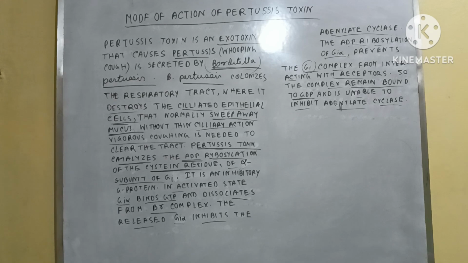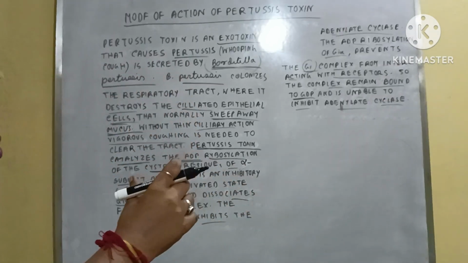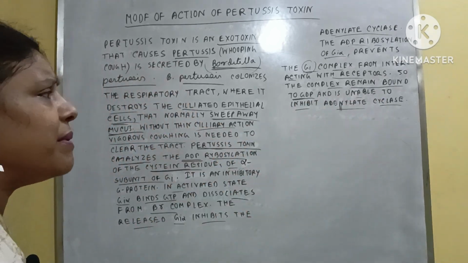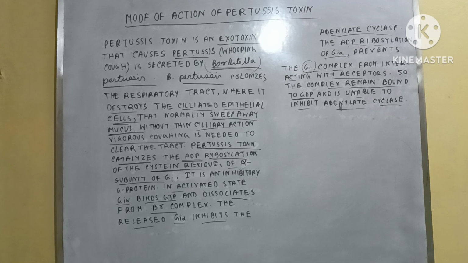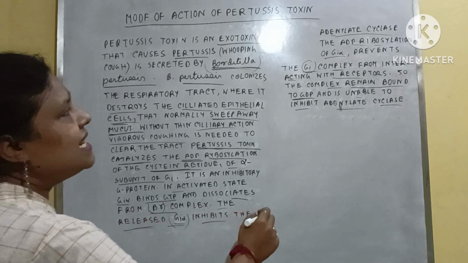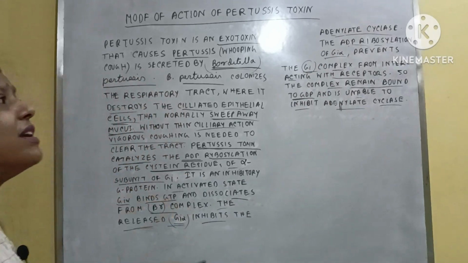So if the adenylate cyclase level is not controlled, the adenylate cyclase level rises, and what happens in that situation? The coagulation of the mucus occurs within the respiratory tract. So in the normal situation, what is happening? Generally Gi alpha is released, or dissociates, from the beta gamma complex, and it inhibits or controls the adenylate cyclase level.